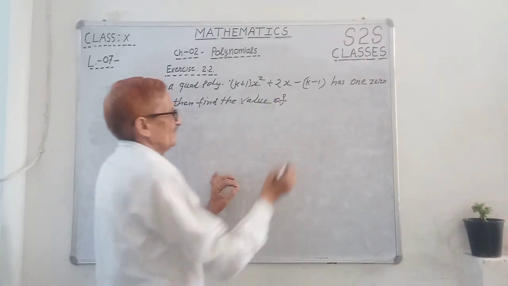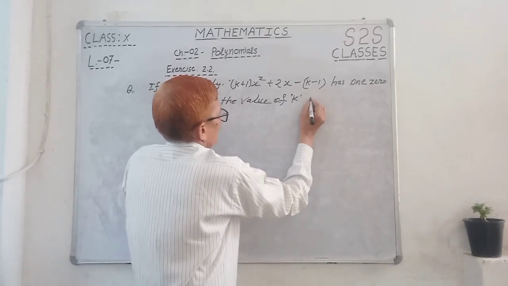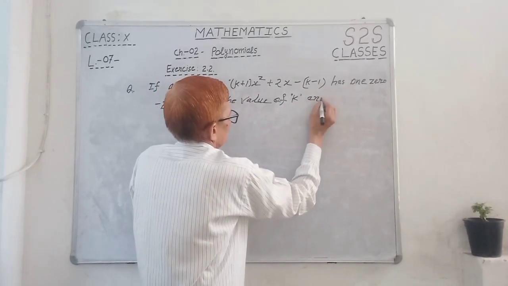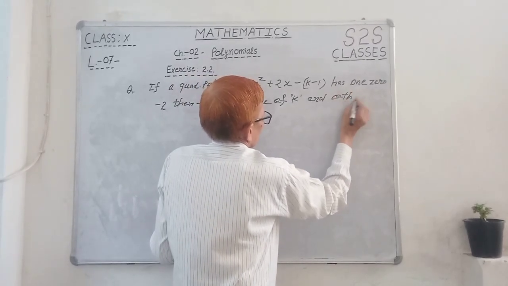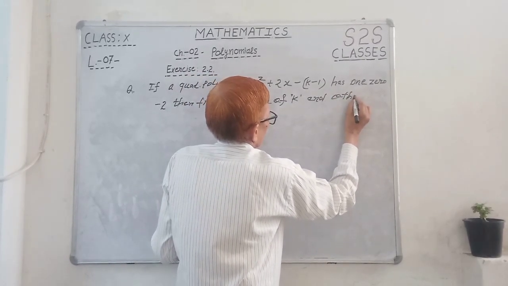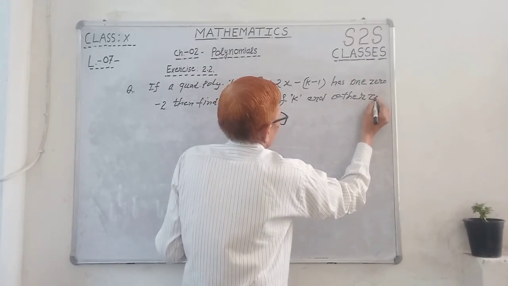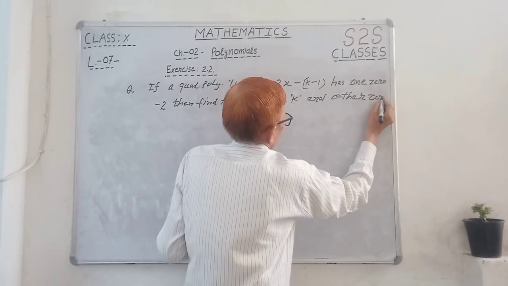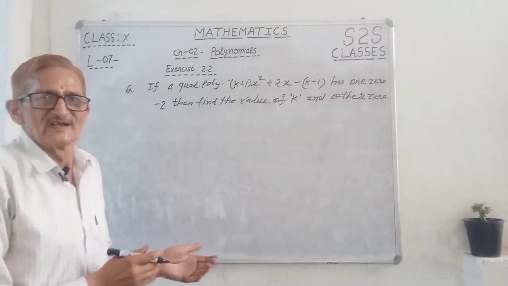Write down this question. Find the value of k and other zero.